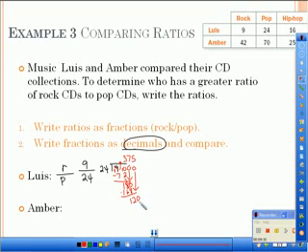Add a 0, and 24 goes into 120 5 times. That would be 120. So Luis's ratio of rock CDs to pop CDs can be represented by 9 over 24 or 0.375.